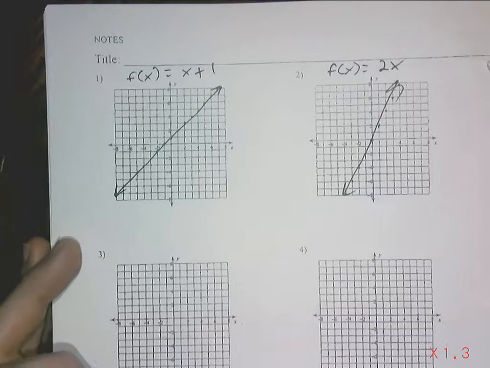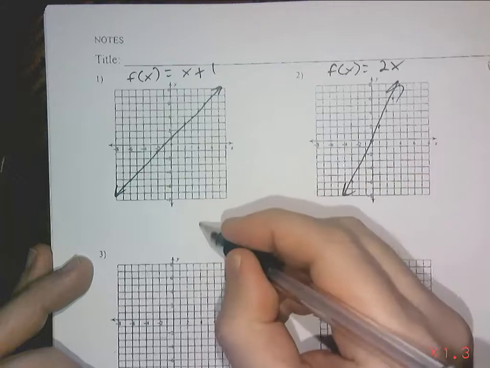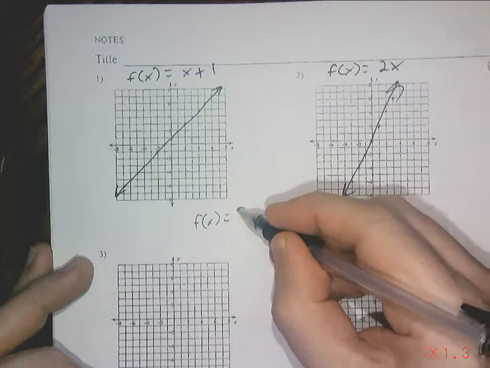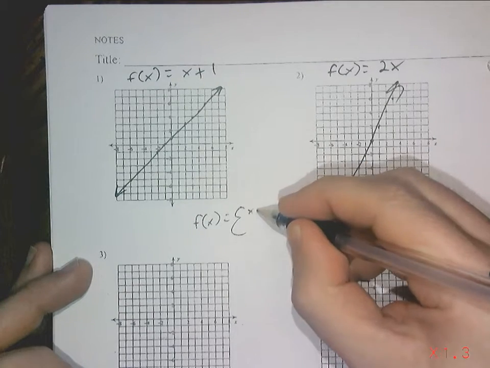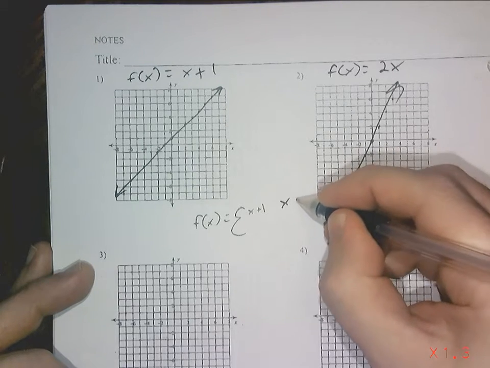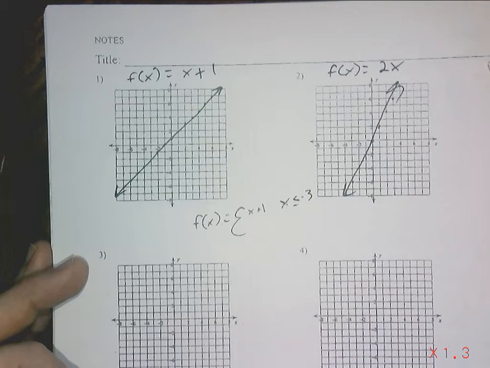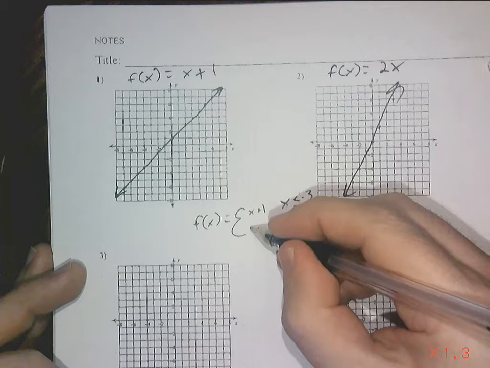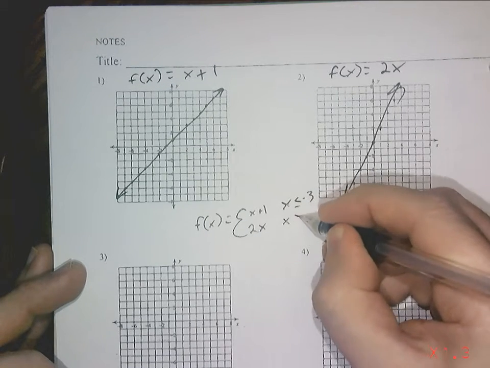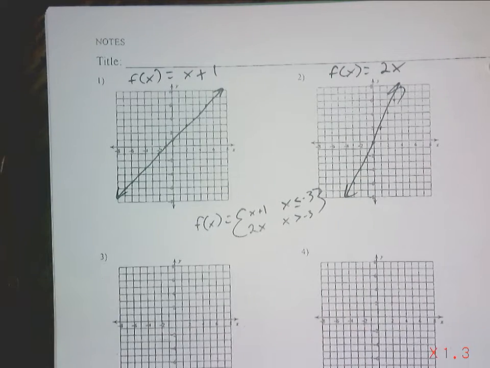Let's say that it gives me these functions. f of x is equal to x plus 1 when x is less than or equal to negative 3, and it is equal to 2x when x is greater than negative 3. So this is what we would call a piecewise function.